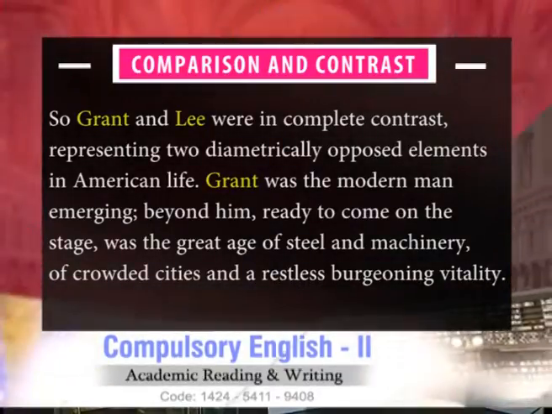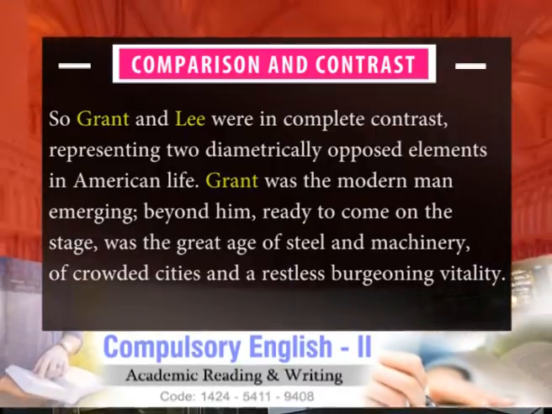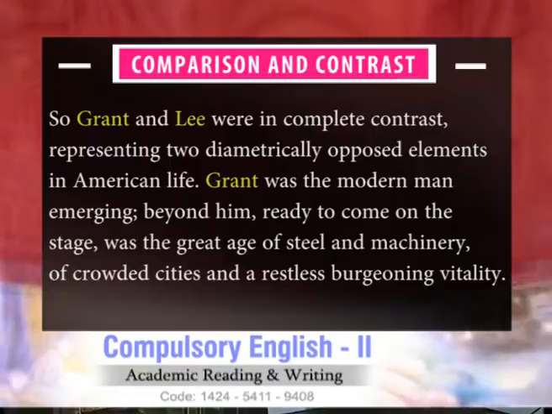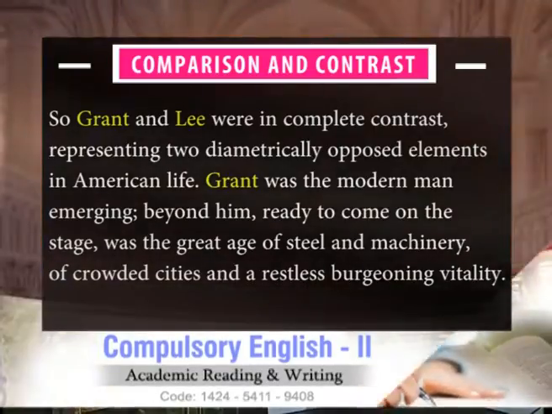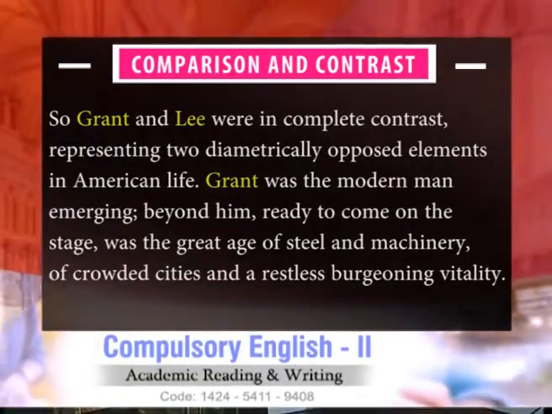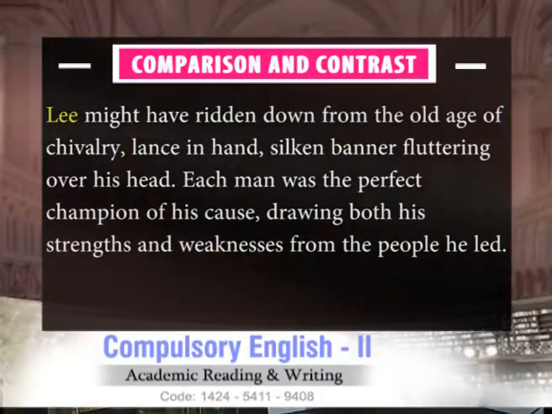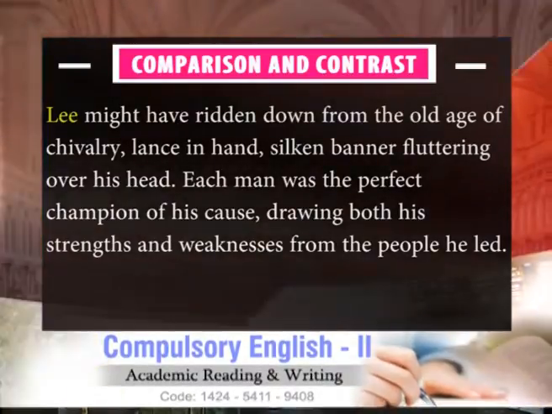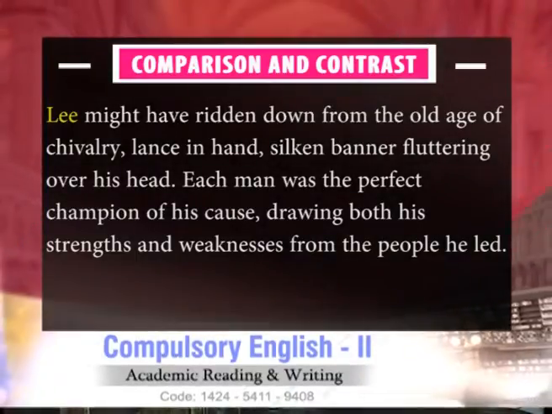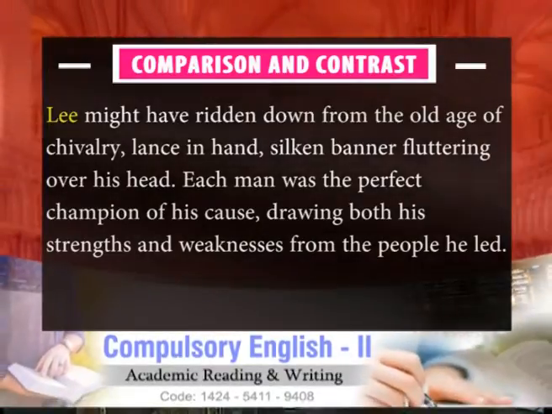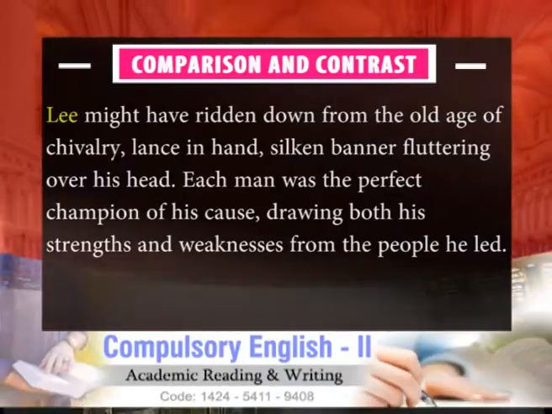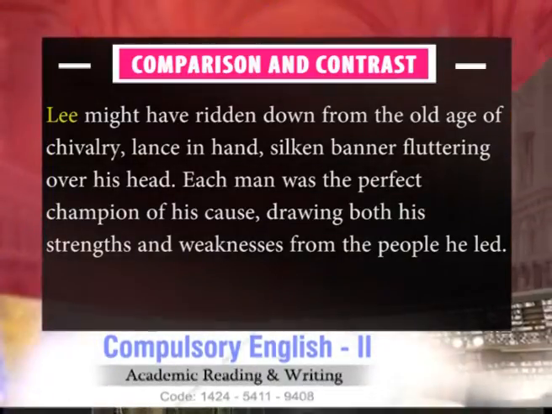Beyond him, ready to come on the stage, was the great age of steel and machinery, of crowded cities, and a restlessly burgeoning vitality. Lee might have ridden down from the old age of chivalry, lance in hand, silken banner fluttering over his head. Each man was the perfect champion of his cause, drawing both his strengths and weaknesses from the people he led."